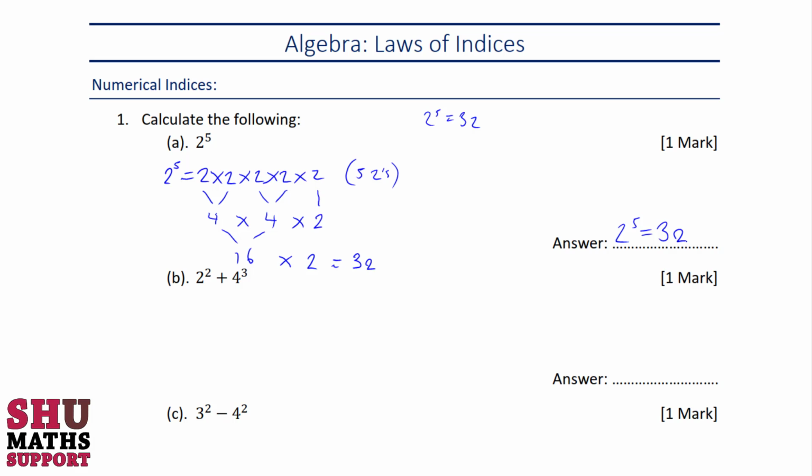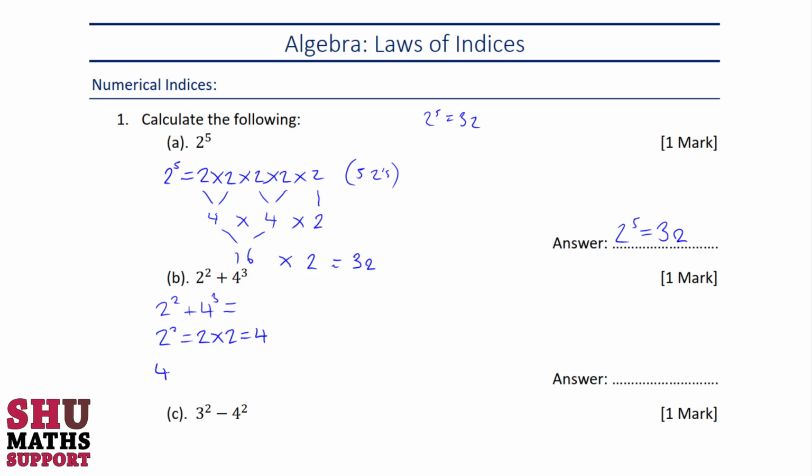Now the next question is asking us to calculate 2 to the power of 2 plus 4 to the power of 3. So let's write this underneath again. We have 2 to the power of 2 plus 4 to the power of 3 is equal to, and if we just separate these two terms for a second, we have 2 to the power of 2, which is equal to 2 times 2, which is 4.